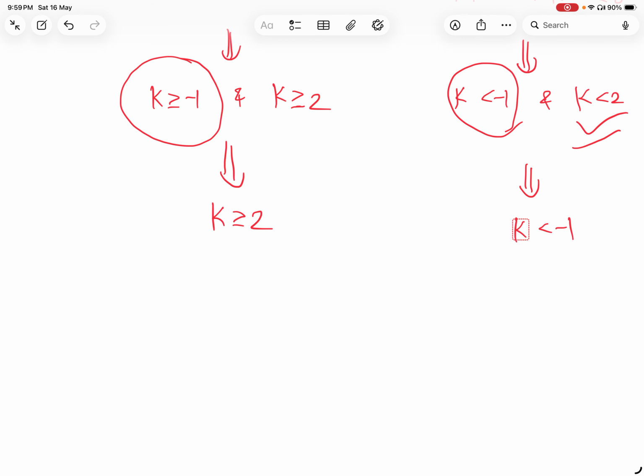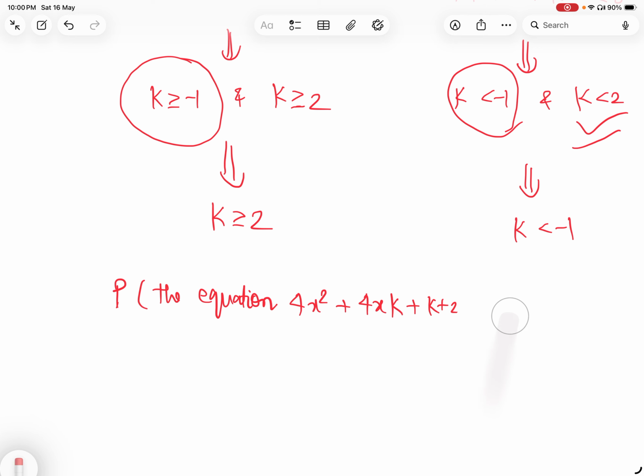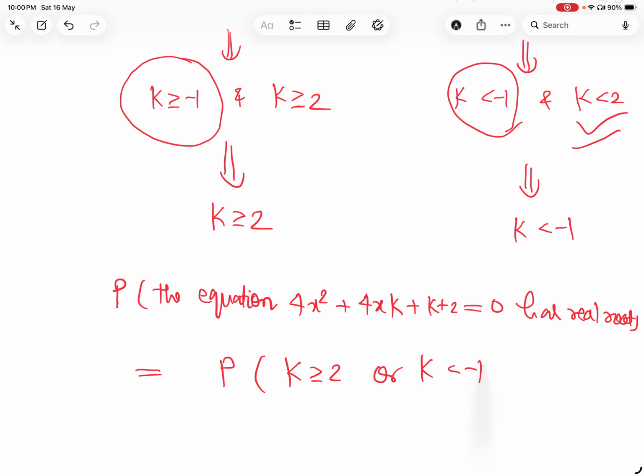So what is the probability? The probability that the equation 4x² + 4xk + k + 2 has real roots is equal to the probability that k is greater than or equal to 2 or k is less than minus 1.